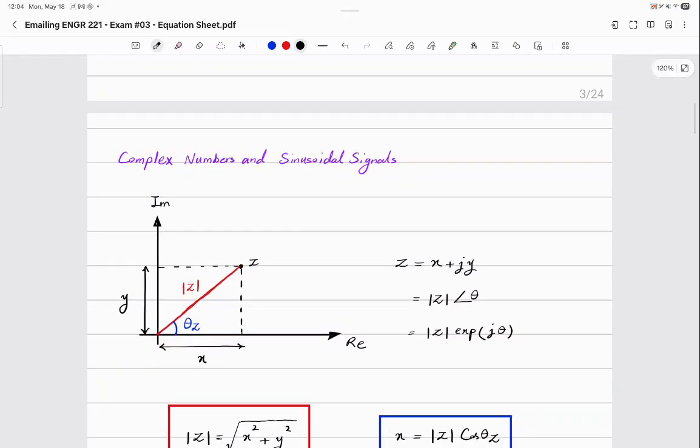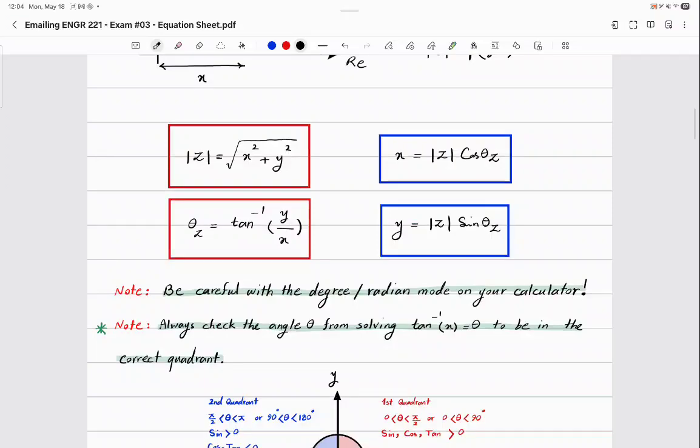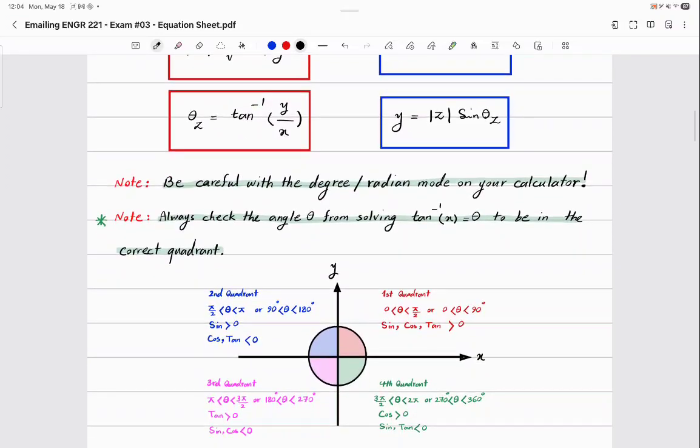The complex numbers and sinusoidal signals, these are the parts that you don't have to memorize. Just one thing. First of all, remember to set the mode on your calculator to whatever you want, okay? Be aware of whether it is degrees or radians. Don't combine them. Also, whenever you're doing inverse tangent, remember to check the quadrant of the answer.